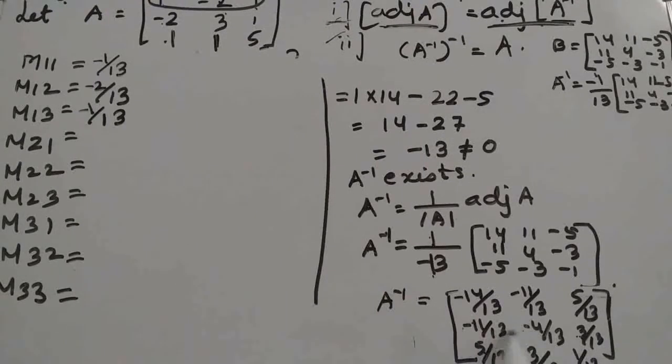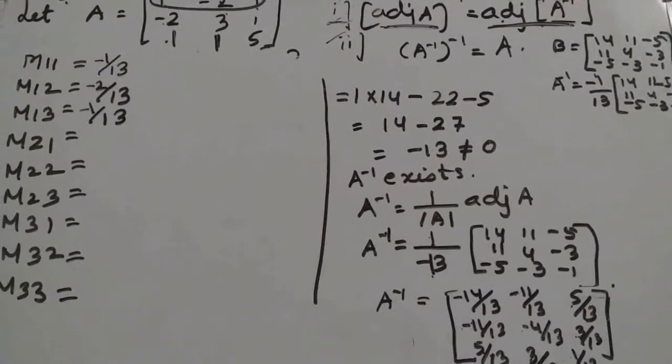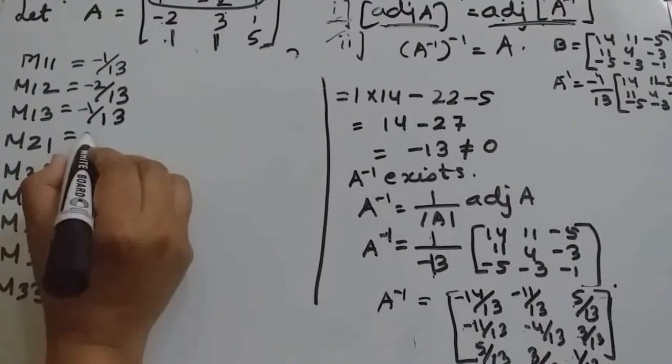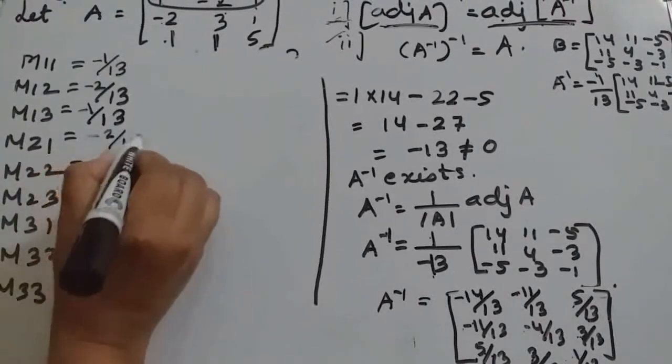Then second row, first column will give minus 11 plus 15, minus 15, so it will give minus 26 by 169, so minus 2 by 13.